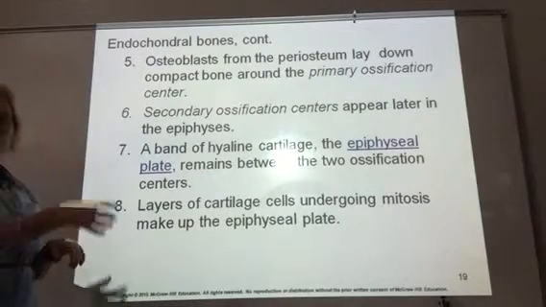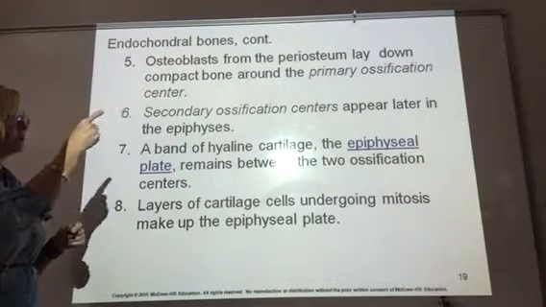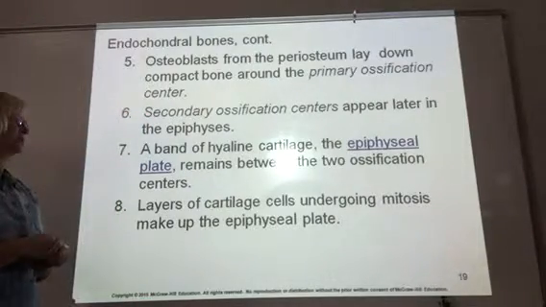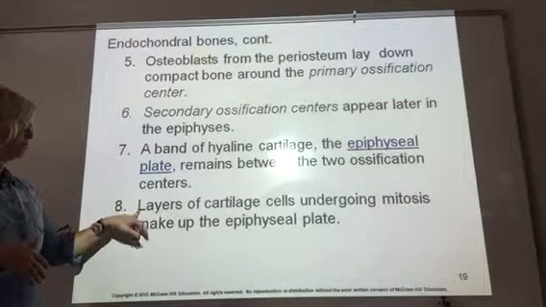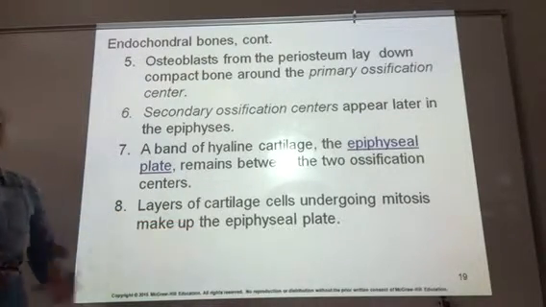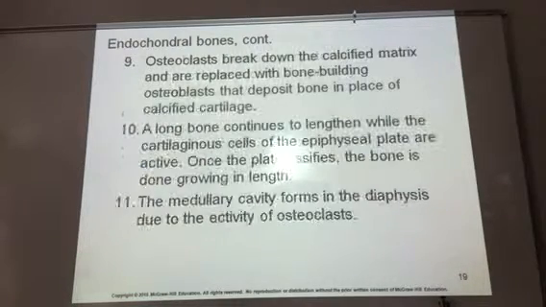So between my shaft and between my ends is where your growth plate occurs. Layers of cartilage cells go through mitosis. They make up that epiphyseal plate. Eventually, as your bone grows, that plate will close.